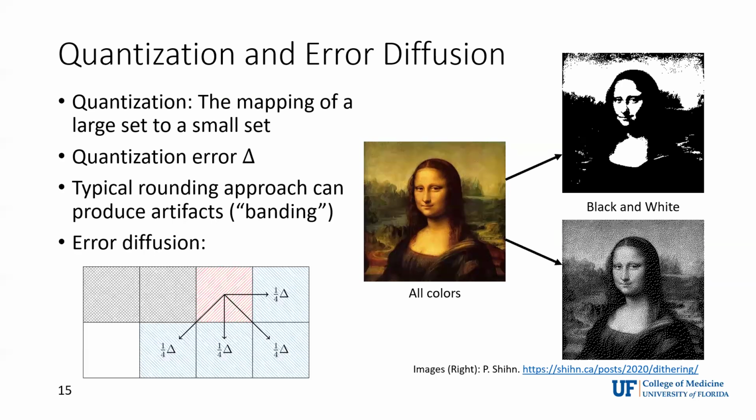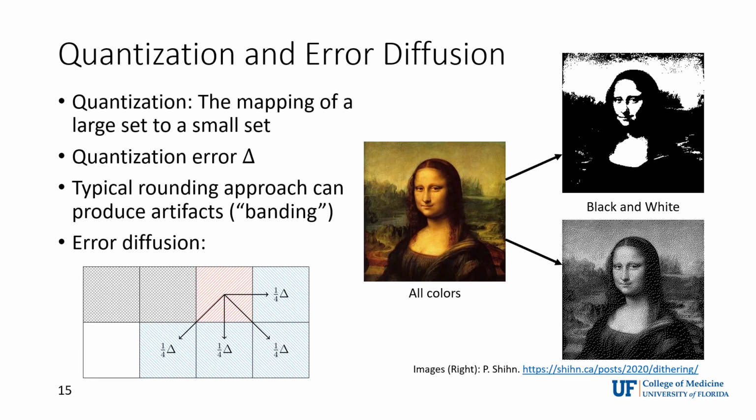Another way is what is called error diffusion. Again, without getting into the specifics, the idea when you do error diffusion is you scroll through your image, and you keep track of how much error you have when you make your choice, and you diffuse that error. There are many ways that we can diffuse the error. The one that I've shown, as you're scrolling, is to distribute it evenly across your neighbors.